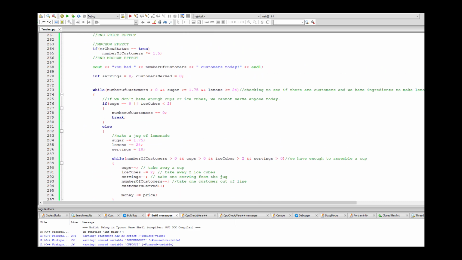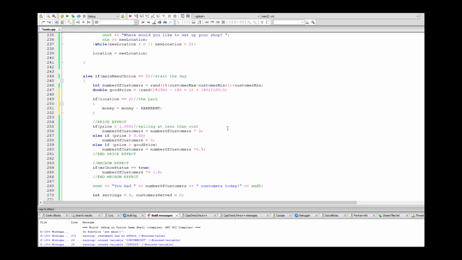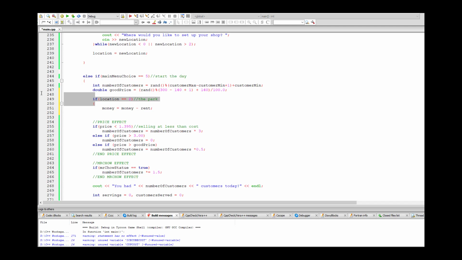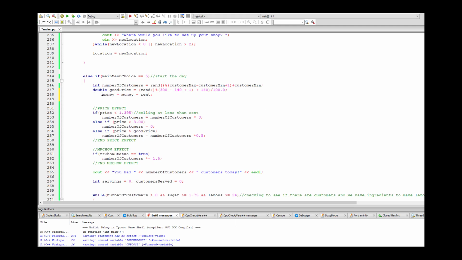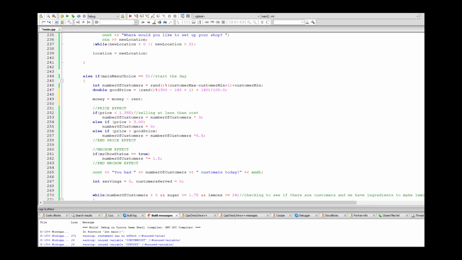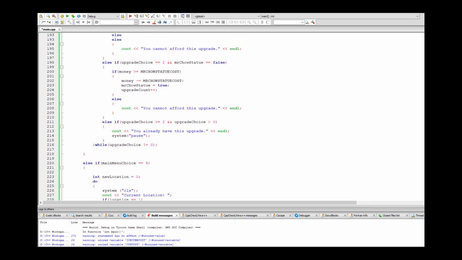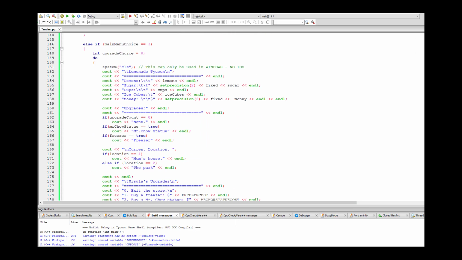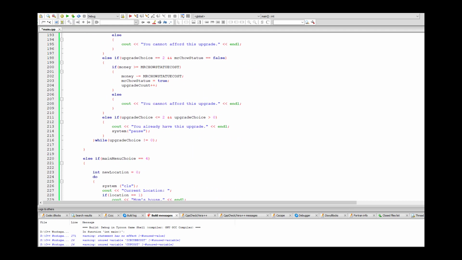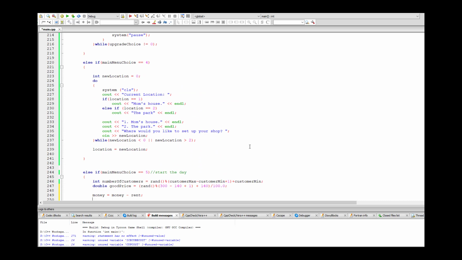And so down here in the main menu choice, we can just say money minus equals rent. So this way, it actually doesn't matter where you go, you always just take away rent. Now back at the park menu here, or where we choose things here. Option 4.